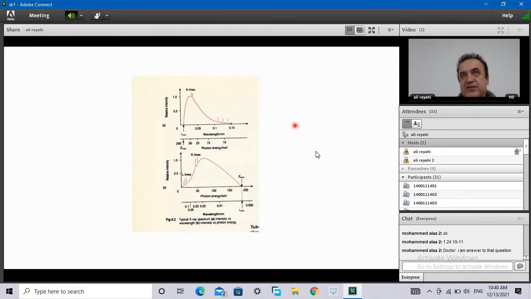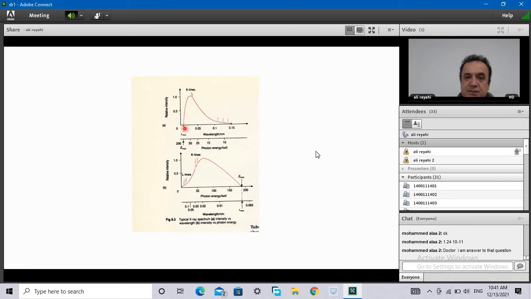So, if I ask you how the spectrum of X-ray looks, you answer that we have two types of X-ray. The first type is continuous or Bremsstrahlung X-ray, which is produced when electrons are slowed down around the nucleus of the anode, or when the electron directly strikes the atom.